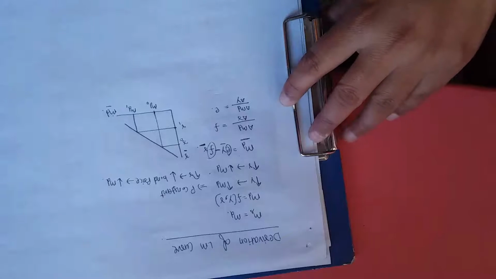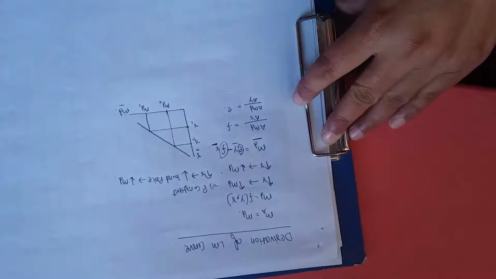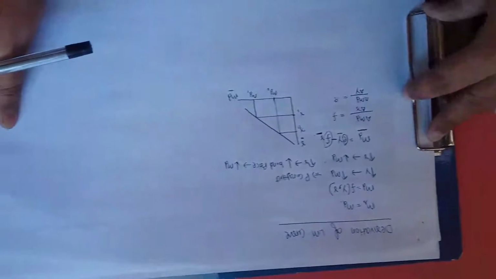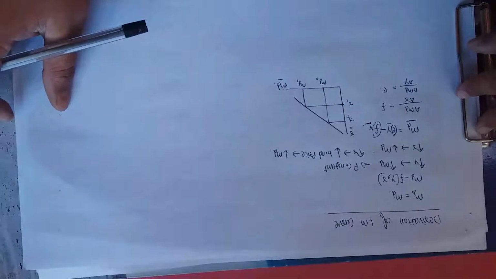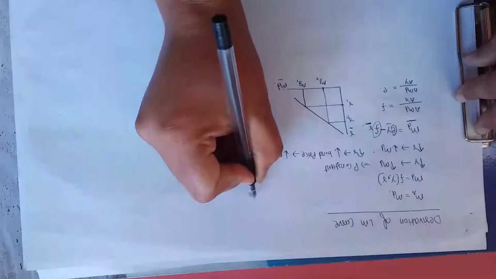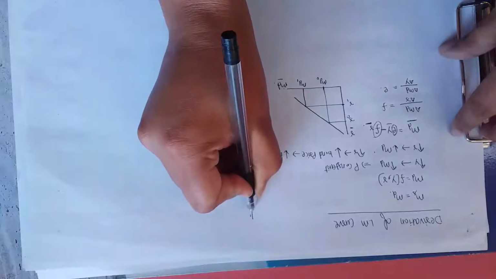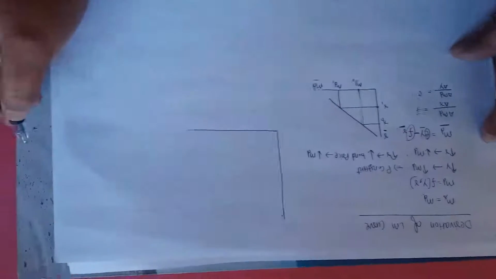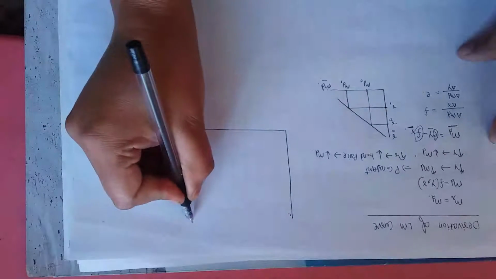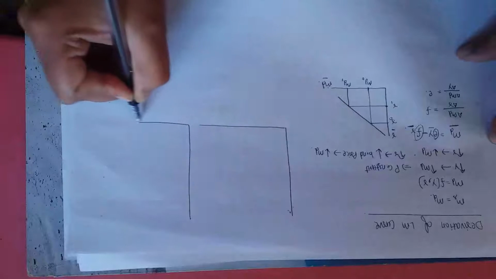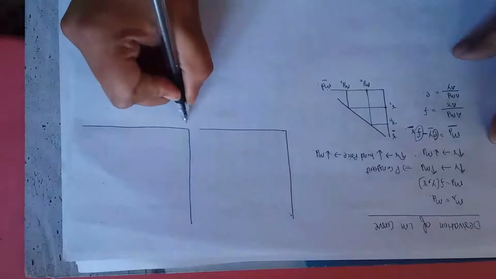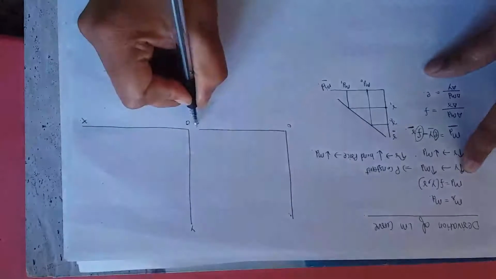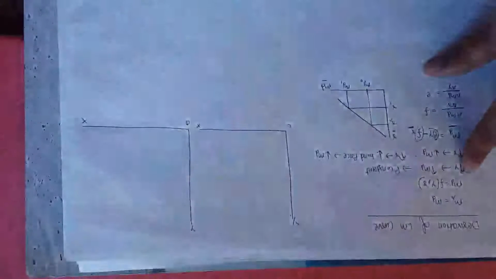Now we derive the LM curve with the help of a diagram. This is the x-axis, this is the y-axis, and again this is the x-axis, this is the y-axis.